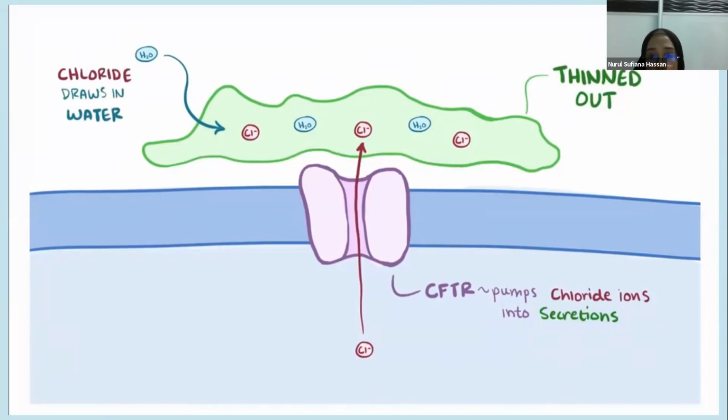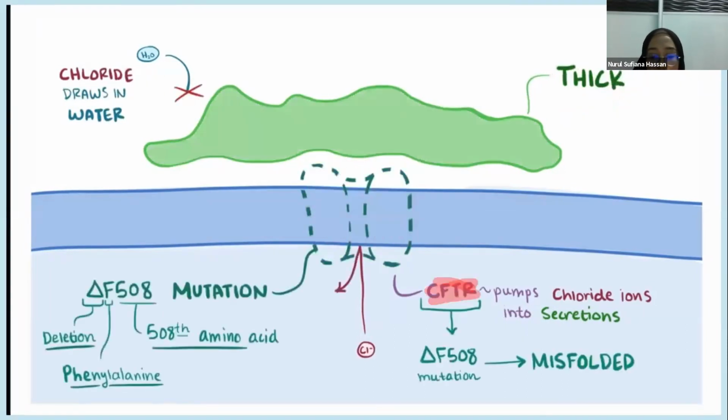So what does this CFTR protein do? It will pump chloride ion into various secretions. And this chloride ion will help to draw water into secretions, which ends up thinning the secretions. So when there is a mutation in the CFTR gene, it will lead to the absence of CFTR protein on the epithelial surface.